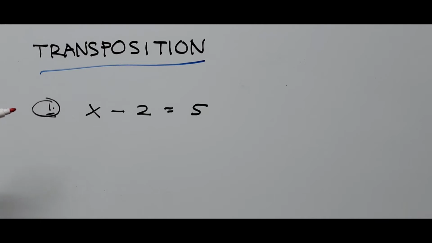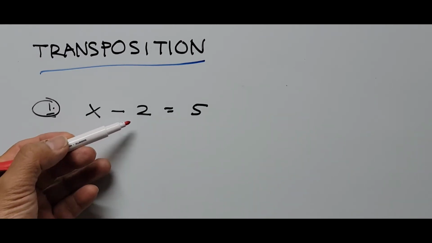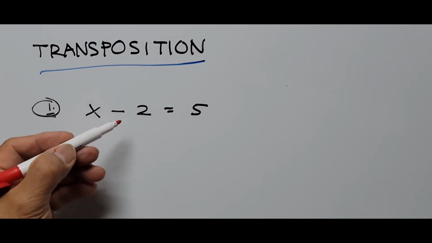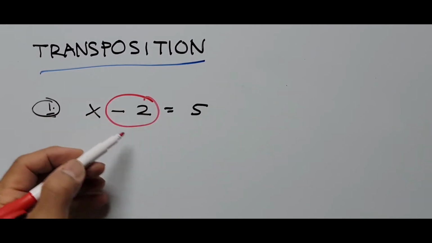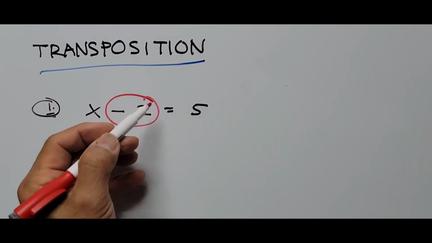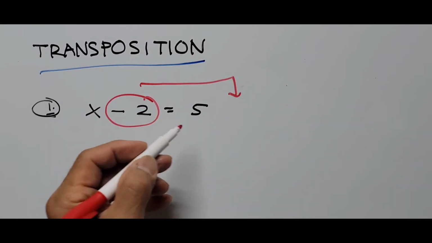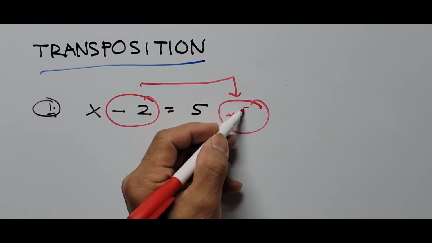In transposition, what I do is I move this constant to the right right away. How would I do that? This minus 2 right here, I move it to the right, and it will become plus 2.